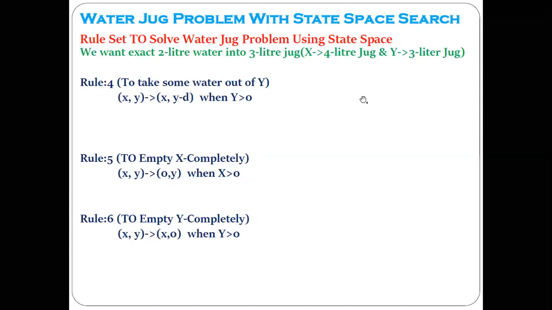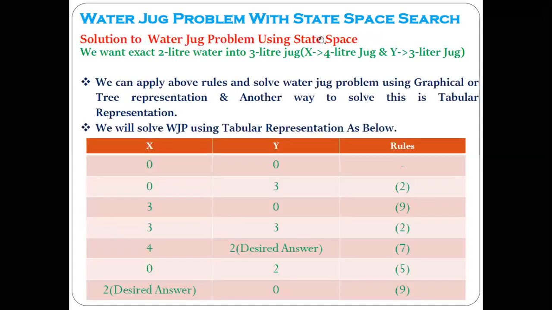After doing that, you can see we get the next step. After applying the fifth rule, we will get x as 0 and y as it is, 2.